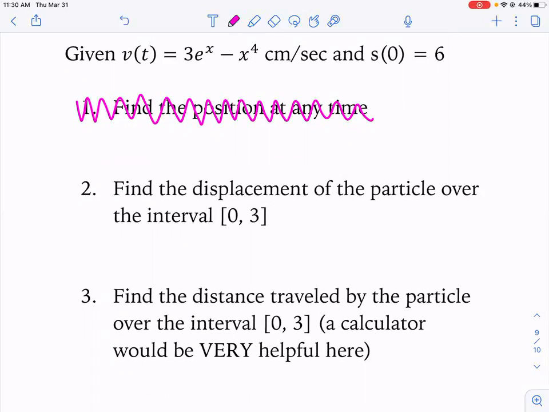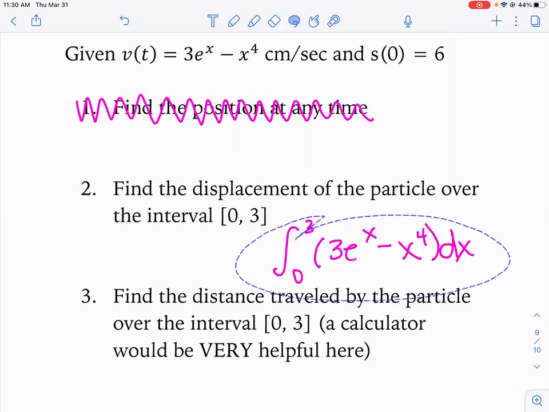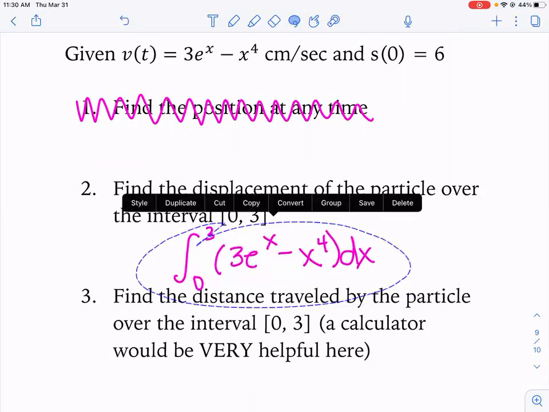So displacement is the integral from 0 to 3 of our velocity. Find it for me with your calculators.